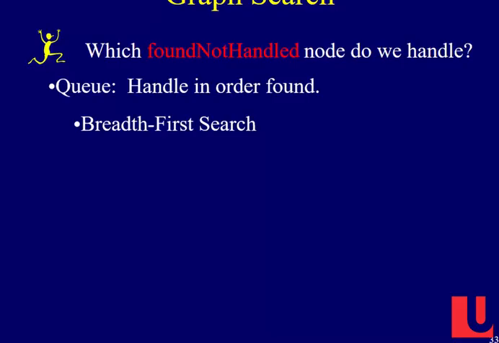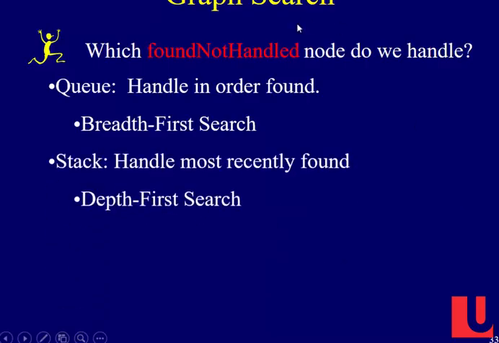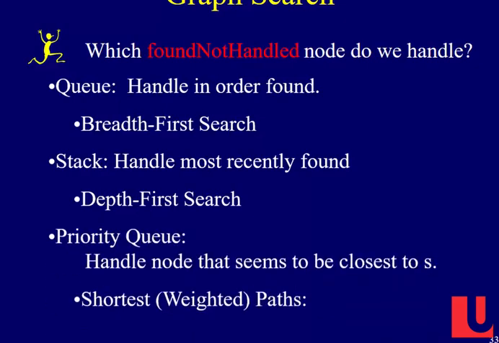Right? So now, if we have a bunch of nodes that are found and not handled, we could handle them as a queue, which gives us breadth first search. We can handle them as a stack, which gives us depth first search, which is kind of the same as recursion. You could do it with a priority queue.